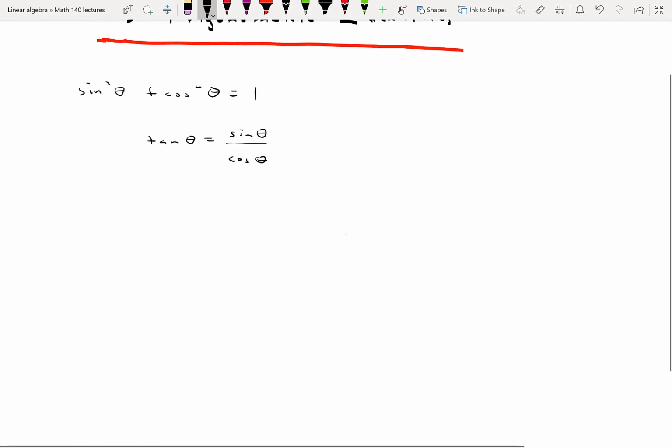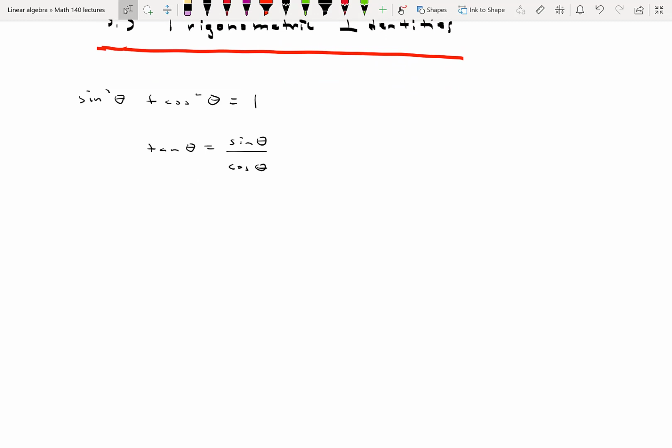Okay, so let's continue by establishing, no pun intended, what we mean by a trig identity as opposed to different kinds of equations. Let's get away from trig just for a minute: an identity versus not an identity.